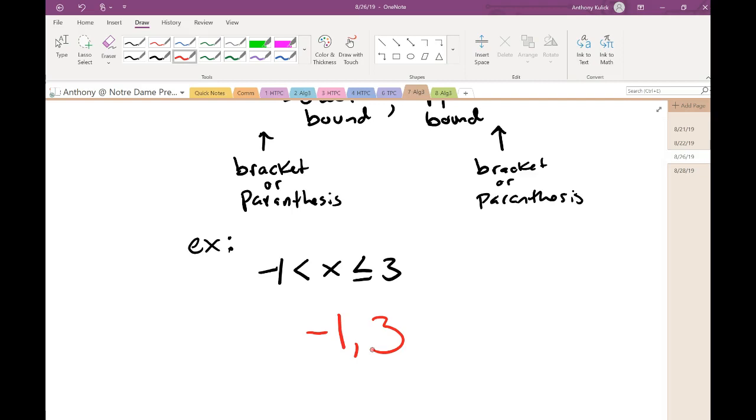We'll do some more examples though. Next thing we need to do is decide whether I should be using a parenthesis or bracket. So the bracket indicates that that value is included in the set, and a parenthesis means that it's not included.